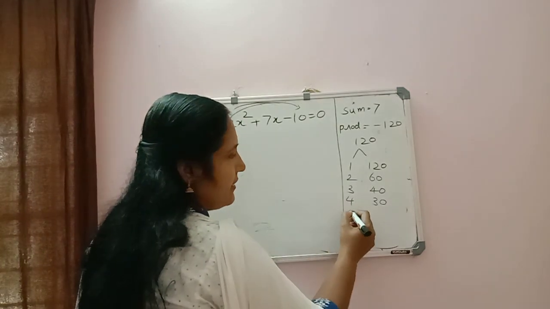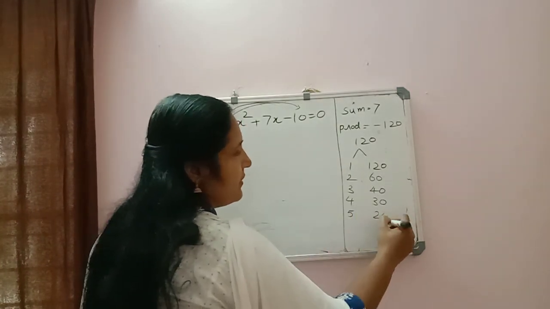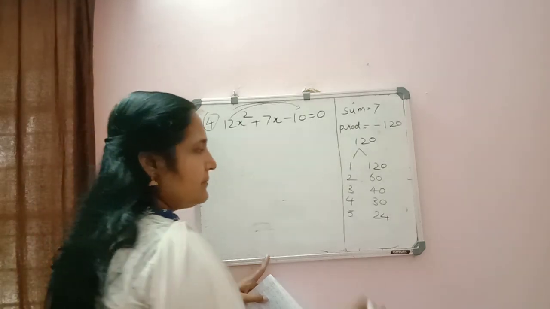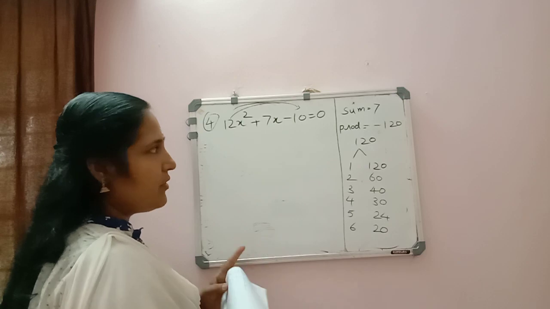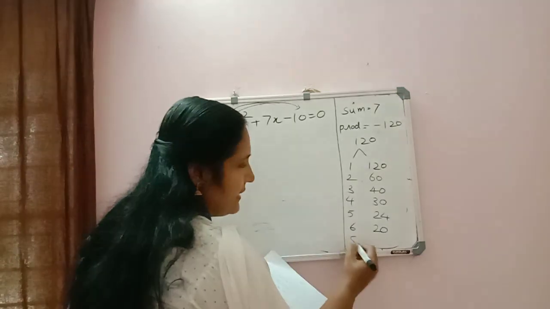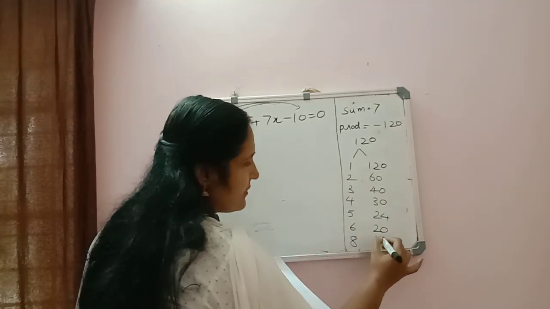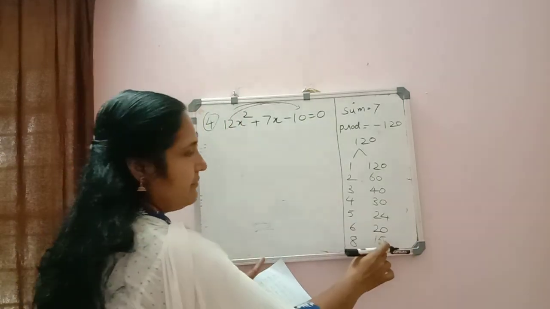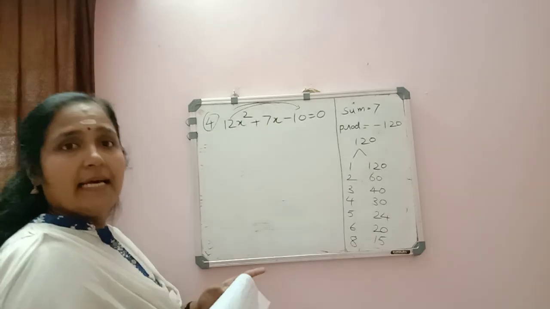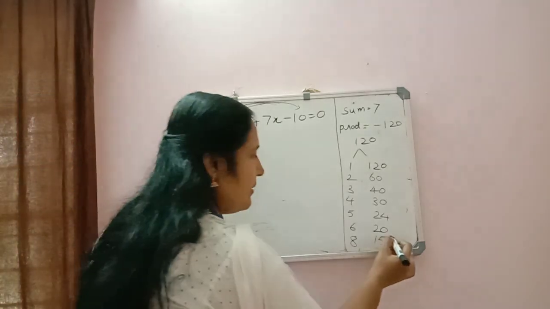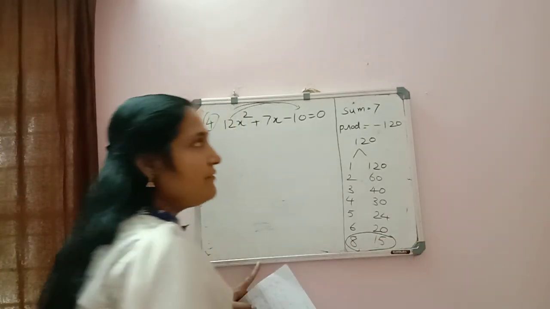Then we will check 5 into 24. No, not possible. 6 into 20. Again not possible. Then not divisible by 7. 8 into 15. 15 into 8, 120, and 15 minus 8 is 7. So we got our two numbers 8 and 15.